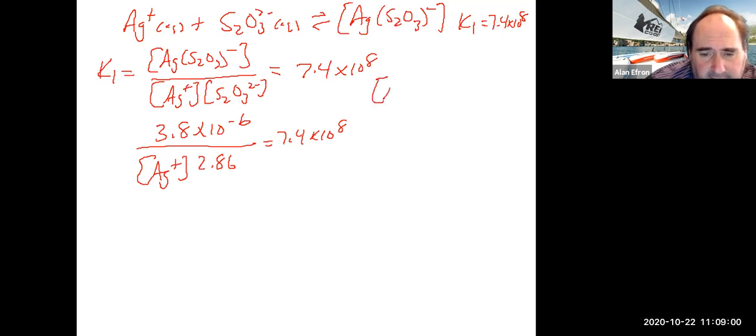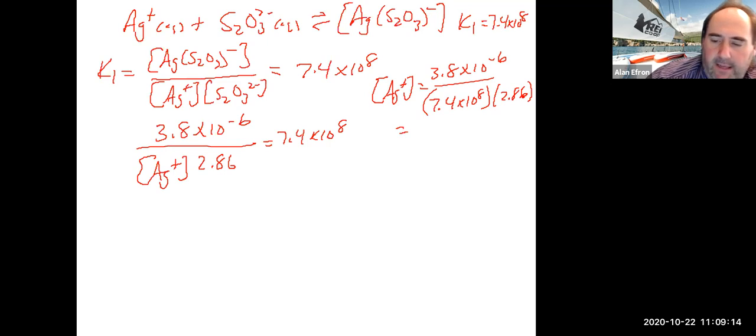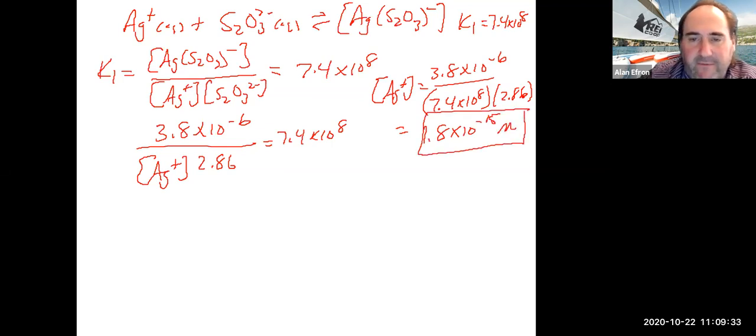That gives us that the silver would equal 3.8 times 10 to the minus 6 divided by 7.4 times 10 to the 8 when you rearrange it correctly, 2.86. And finally, we get down to this number here, which based on our assumption should be a small number. So let's see how we did here. We end up with 1.8 times 10 to the minus 15 molar would be our silver concentration. And it does make sense. Again, the silver should be pretty small there.